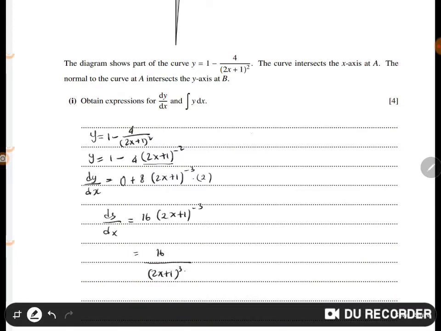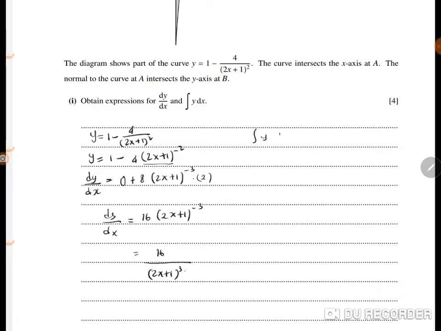And then how do we find the integral of y dx? It means the integral of 1 minus 4 over (2x plus 1) squared dx.